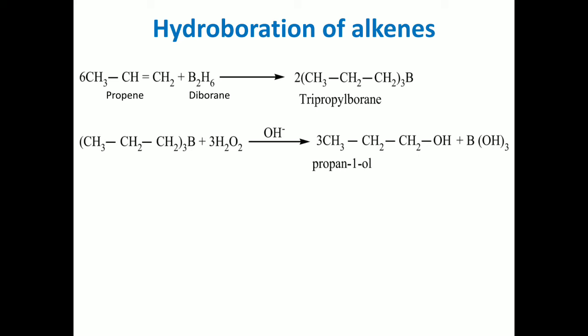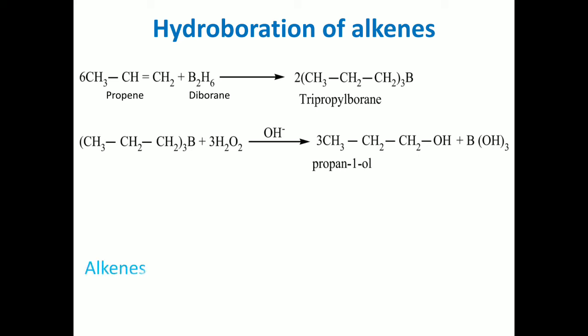Suppose we take propene, which on reaction with diborane forms tripropyl borane, which on reaction with hydrogen peroxide in the presence of base, we can get CH3CH2CH2OH, that is propan-1-ol, as the product. This one is the less substituted alcohol, and this reaction follows anti-Markovnikov rule.